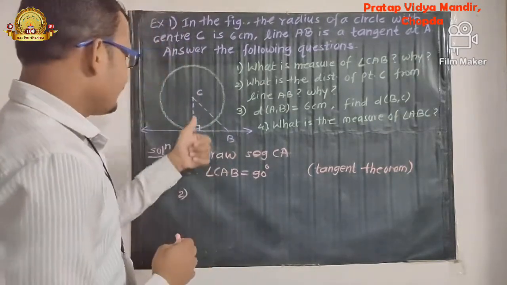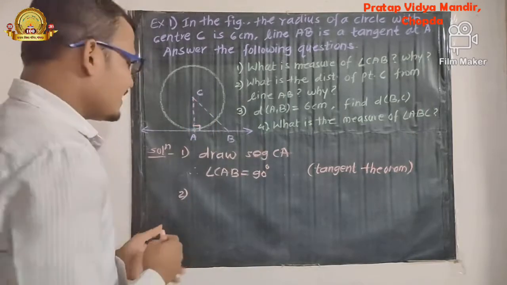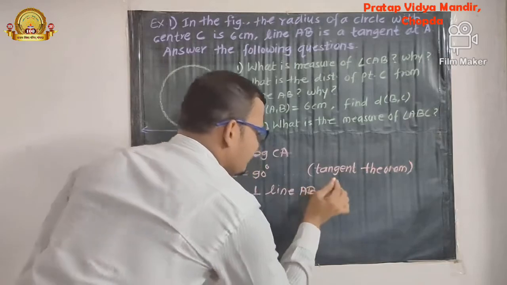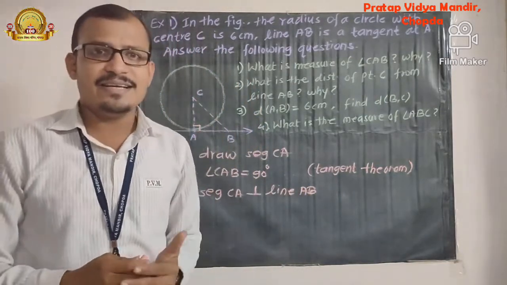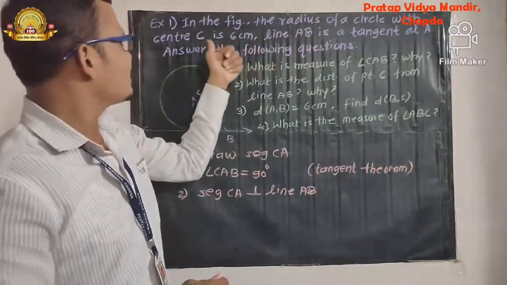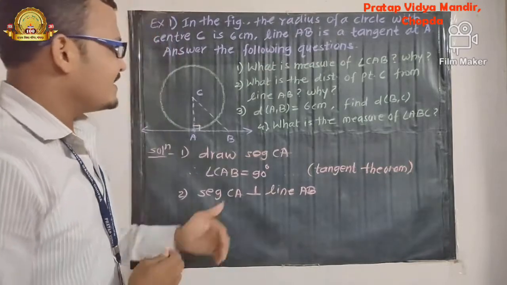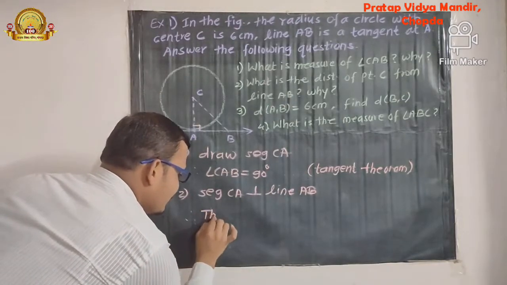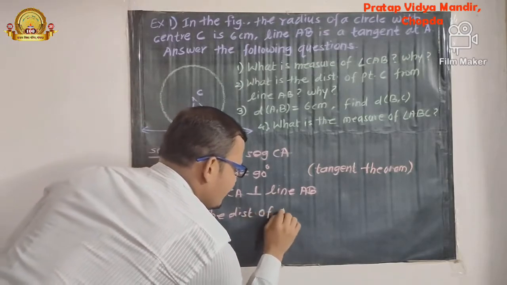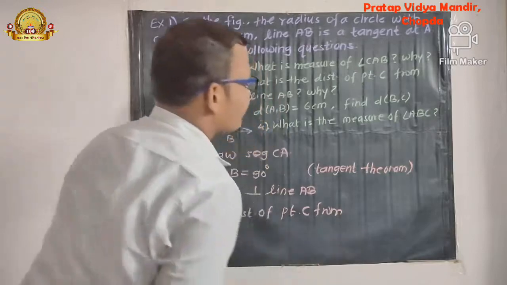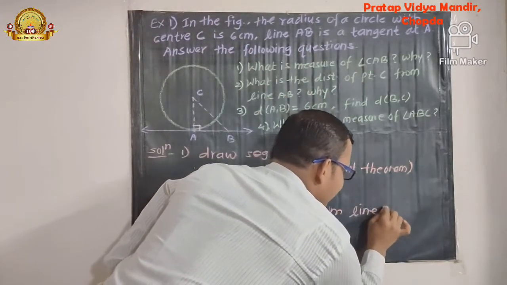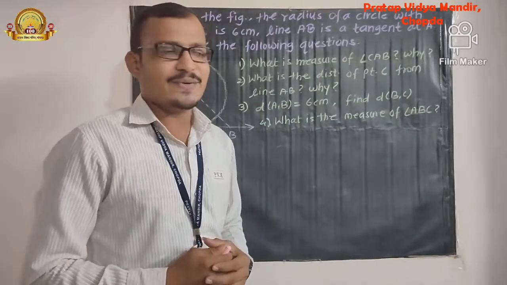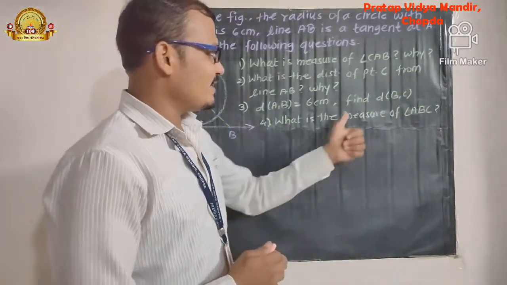Friends, according to the tangent theorem, segment CA is perpendicular to line AB, and clearly this segment CA is the radius of the circle, and we are given that the radius of the circle with center C is 6 cm, and hence the distance of point C from line AB is 6 cm.